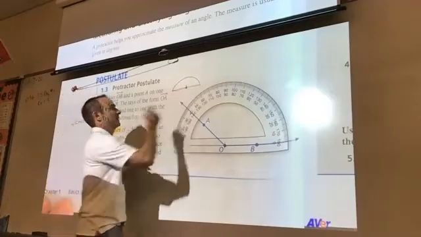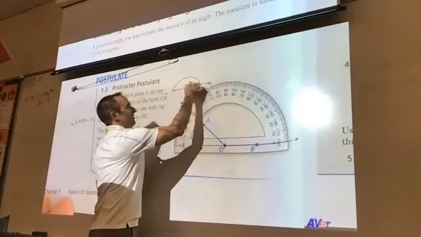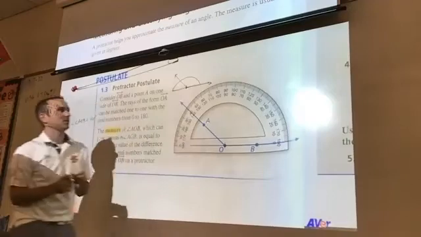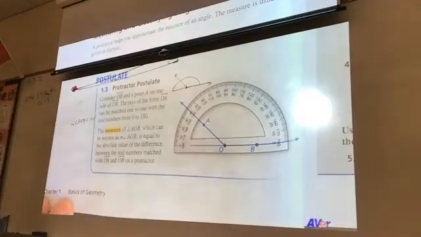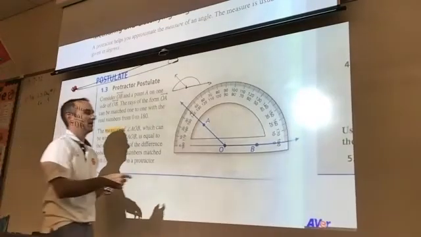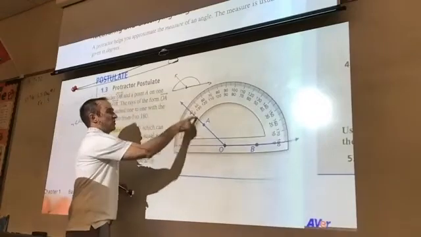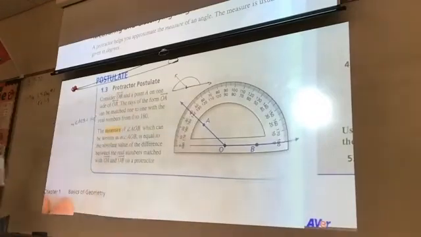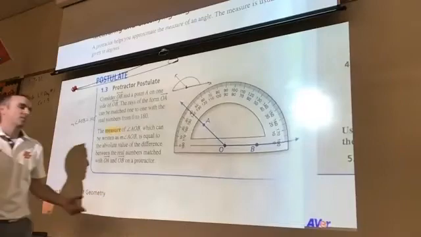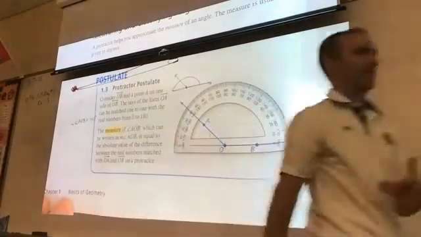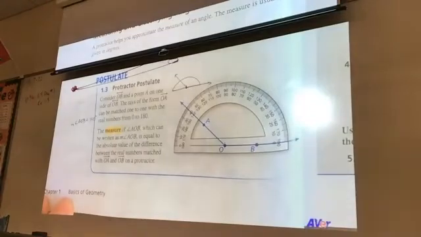Okay, if I had an angle down here, that would line up on that line, and it would go up there. Then we can take a look at where that other ray crosses, and we just need to know the difference between a 40 degree angle and a 140. Hopefully we know that, so we know this is 140. The trickiest part, the only part that I see people mess up, is lining it up correctly to start.